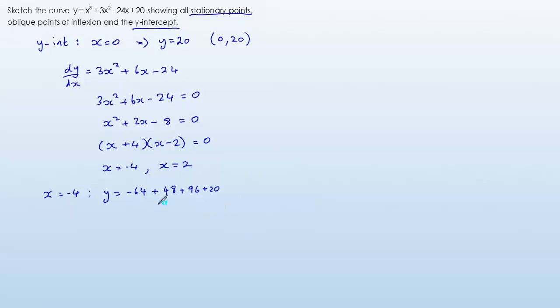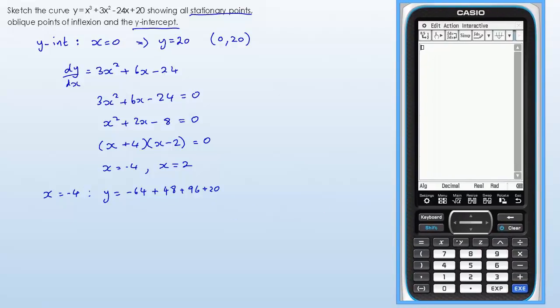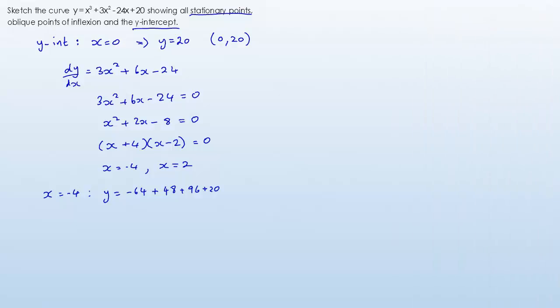So let's just check that we've got that right. Actually, let's just use the calculator to speed things up. We wouldn't necessarily have a calculator for this question. So we've got 48, add 96, add 20, and we'll take off 64. So that's 100.